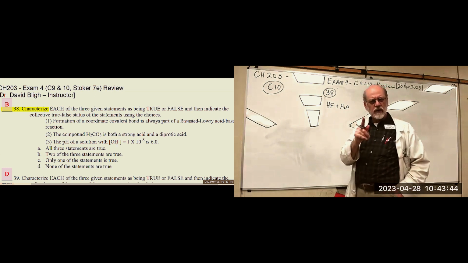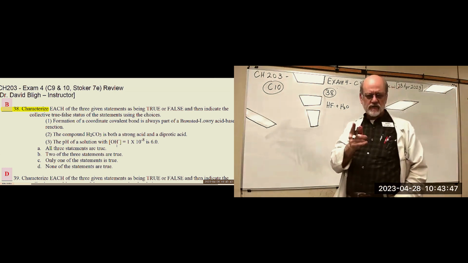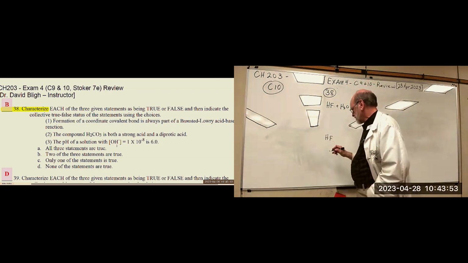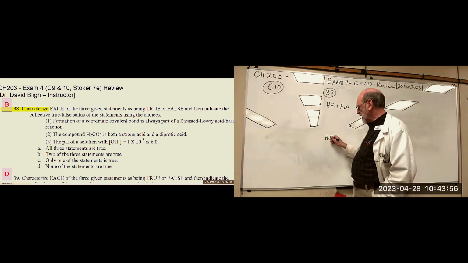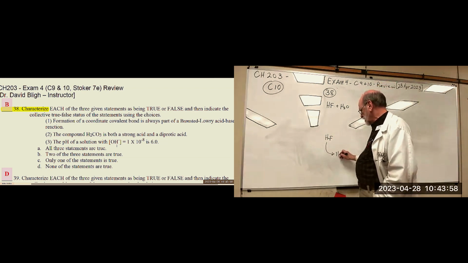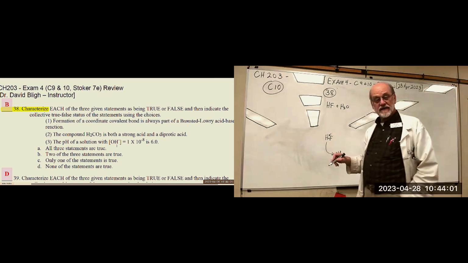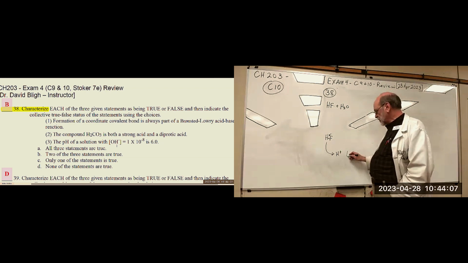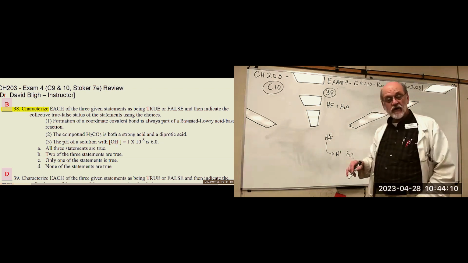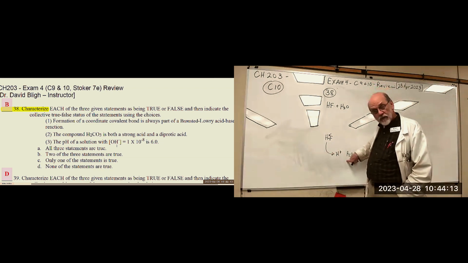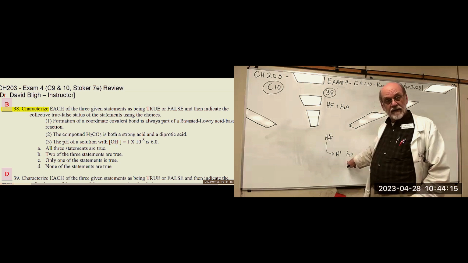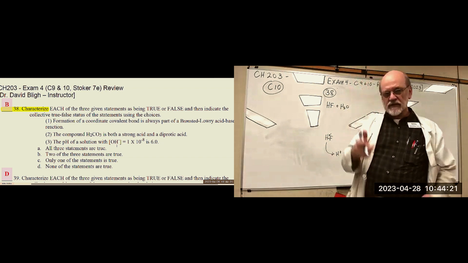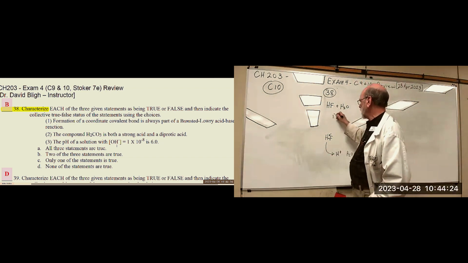Well, all we need is one example where it's not true. When an acid ionizes, it breaks the bond, and the hydrogen goes off and leaves the electrons behind. So when it forms a bond with something, say water, where do the electrons for the bond come from? They come all from the water, right? So in that case, we have a coordinate covalent bond. So 1 is a possibility. 1, maybe.